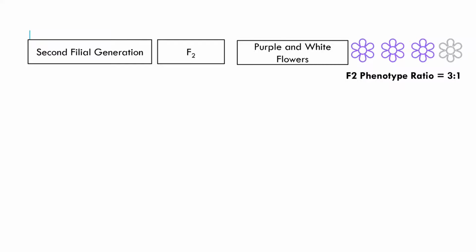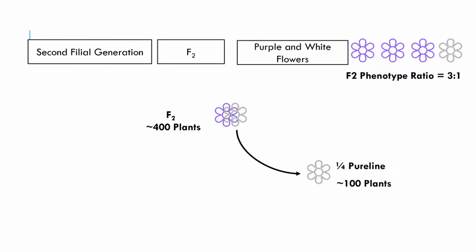When the F2 plants were self-pollinated to generate the progeny, they noticed that, for example, if 400 F2 plants were chosen, there would be approximately 100 white flowered plants, and all of these behaved like pure lines, and about 100 purple flowered plants behaved like the parental generation or pure lines.